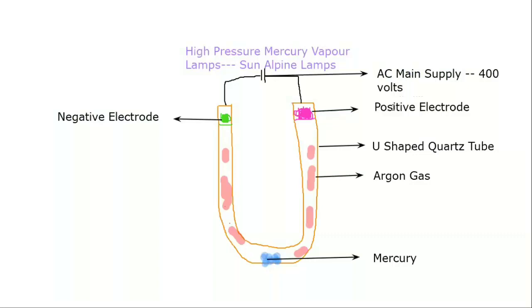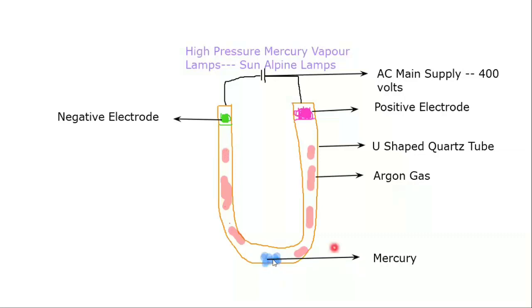Yes, so now what will happen? The high pressure mercury vapor lamp consists of a U-shaped tube, which is drawn over here, filled with argon gas at low pressure and a small amount of mercury, which is shown in blue color. The pinkish reddish color is your argon gas under low pressure.